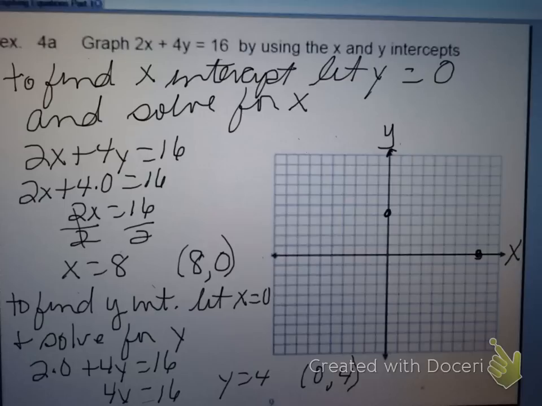Draw a line. I didn't do a very good job here. Now make sure that you use a straight edge to draw your lines, no crooked lines, and put arrows at the end. Make sure your line goes past the points and draw your line.